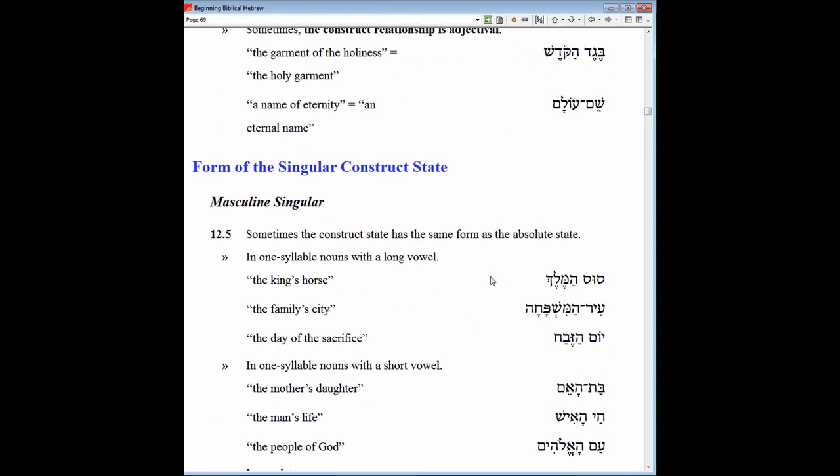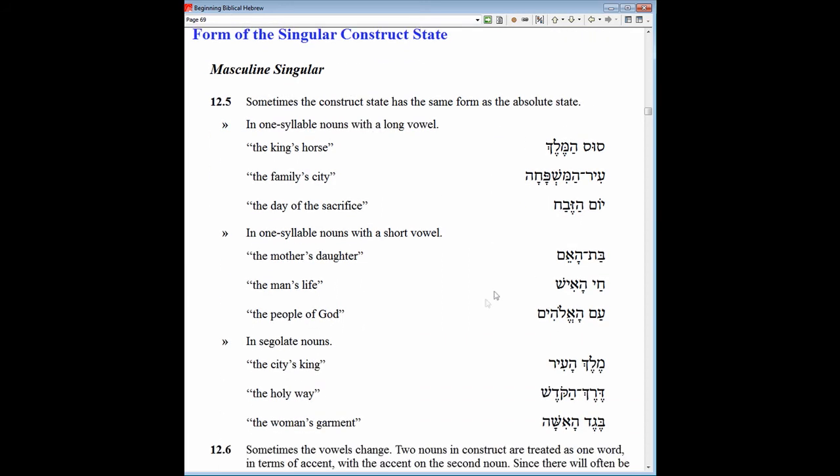The forms of the singular construct state. Now, there are some telltale signs. In many cases, the construct state is identical to the absolute state. Okay, sus, ir, yom. I mean, it's the same thing. You'll know it's in the construct, though. Why?